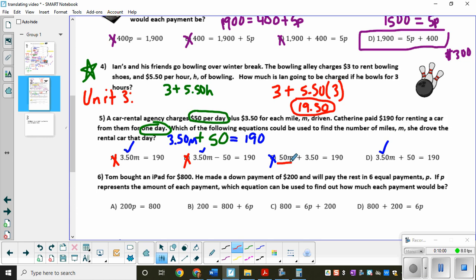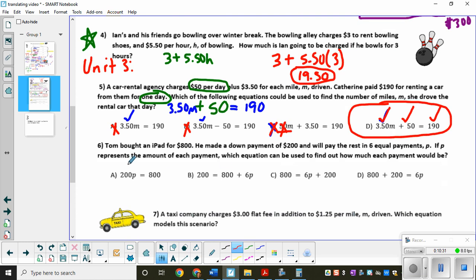Here is the $3.50 per mile plus the $50 per day for that one day equals the $190 that Catherine spent. So this one is the one that matches up with the scenario. To solve it and find the number of miles, we would subtract the $50 for the day, and then we would do the 140 divided by that to see how many miles she drove.